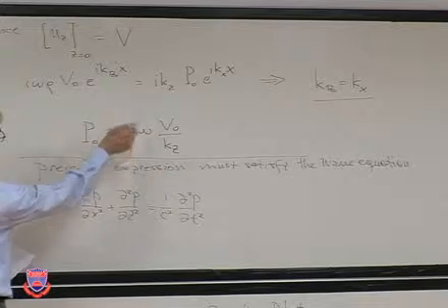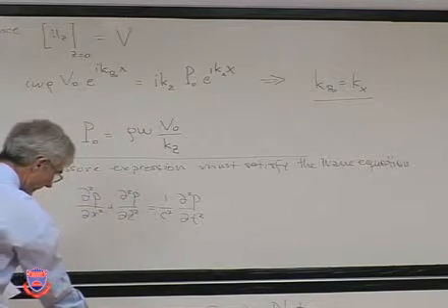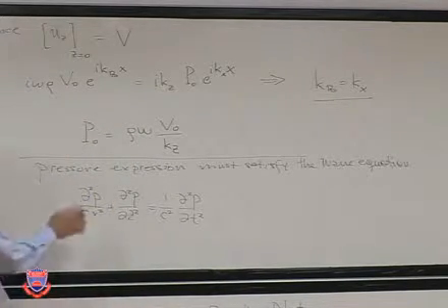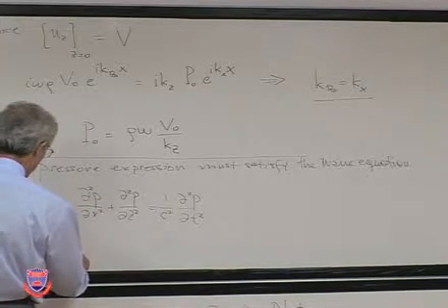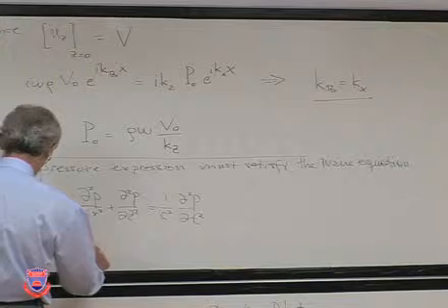Now, if we substitute from the expression for pressure in here to make sure that it satisfies it, now we have P0 for Kx.